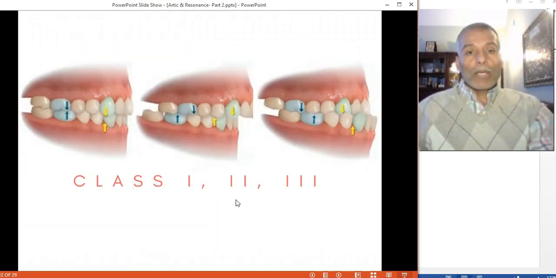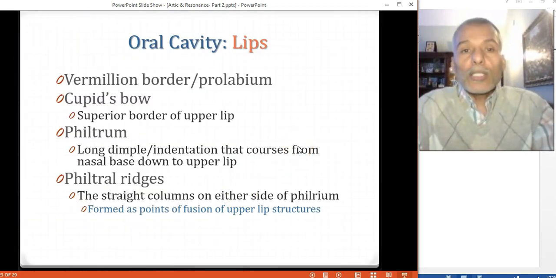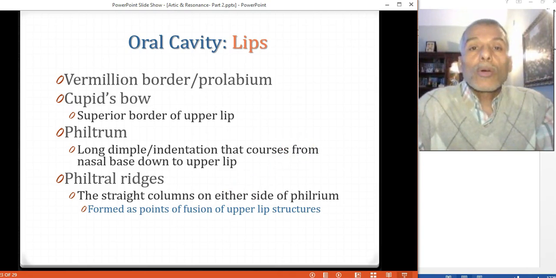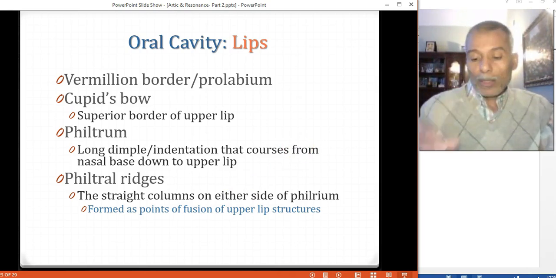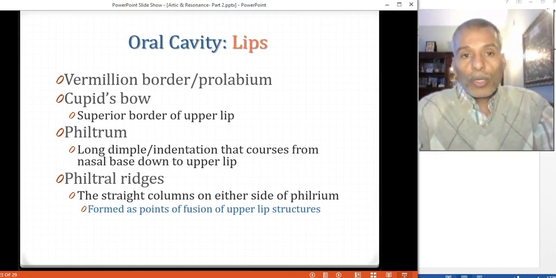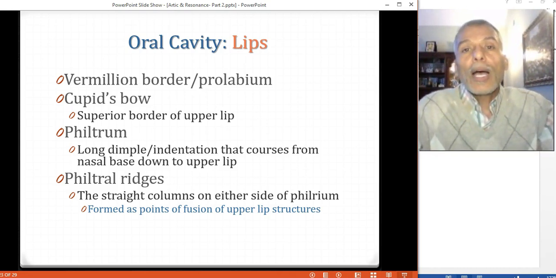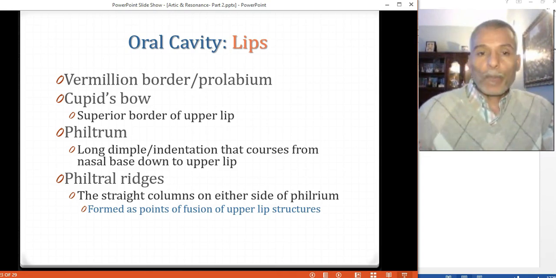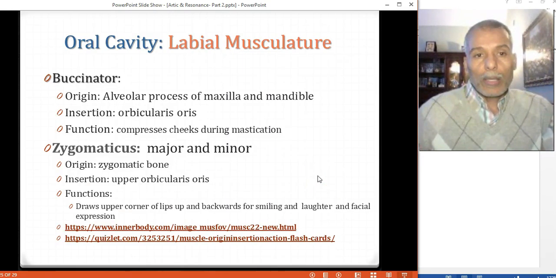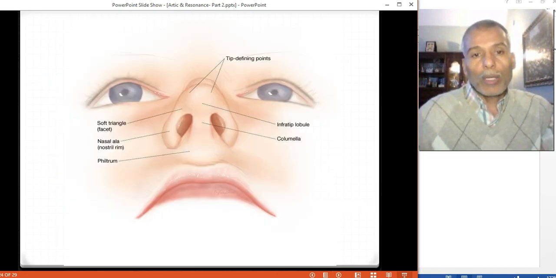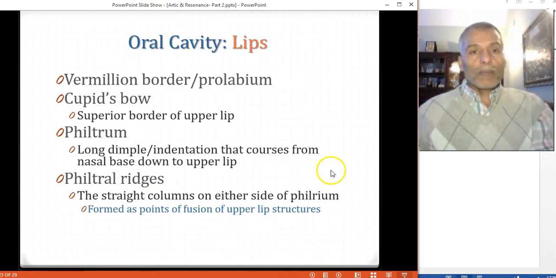Okay, so now let's look at the structures of the oral cavity in terms of the outside or the soft tissue, the structures of the lips, and then we'll look at the facial muscles, and that will put an end to this unit, labial and facial muscles.